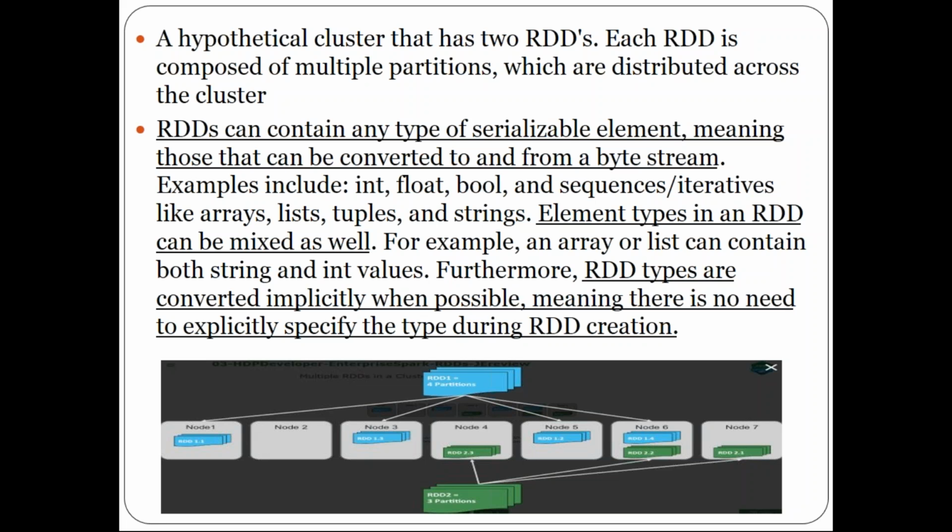In an RDD, there is no such thing, because an RDD has the capability to convert the data types implicitly, and there is no need to explicitly call out what kind of data types you have in the RDD. The reason is, whether int, float, boolean, sequence iterables like arrays, tuples, strings, each element can be mixed as well, but anything you give, I'll convert it. I know how to convert it. I know all the artifacts of each and every data type, and I can read it. That is the magic of RDD.